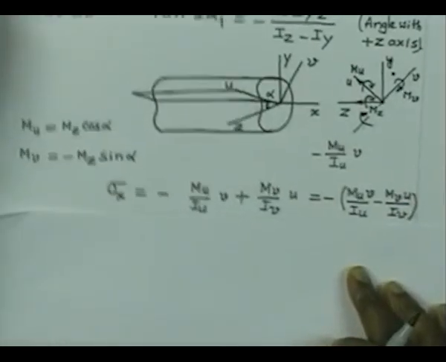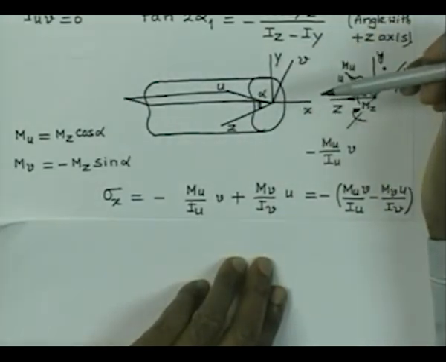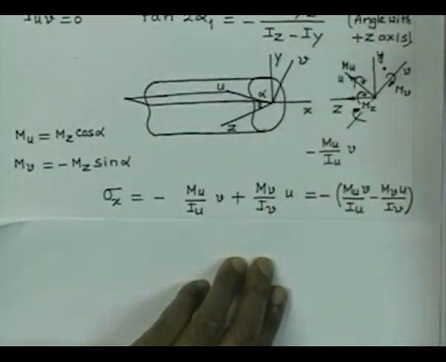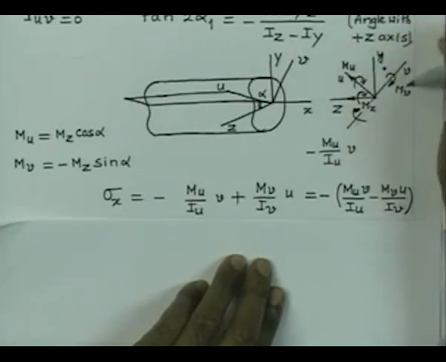So, to calculate the stresses on a section of this type, what are the steps? First of all, you should be in a position to calculate the two principal directions of the cross section, u and v, for which Iuv is 0. Then from the given bending moment on the cross section, you try to find out the magnitudes of the bending moment acting on the axes u and v, and then make use of the flexure formula to get at the total stresses.